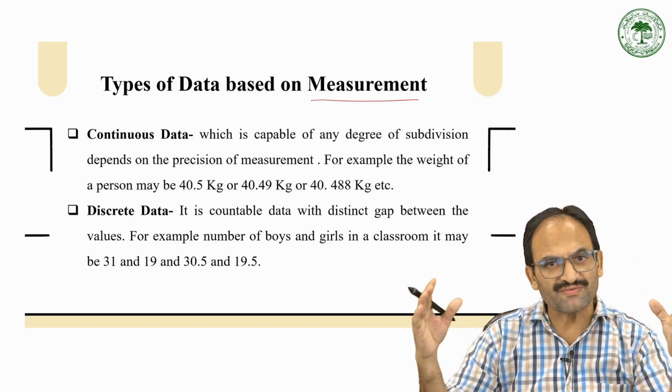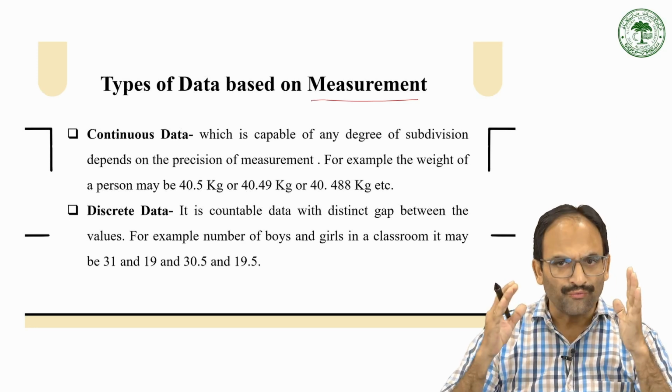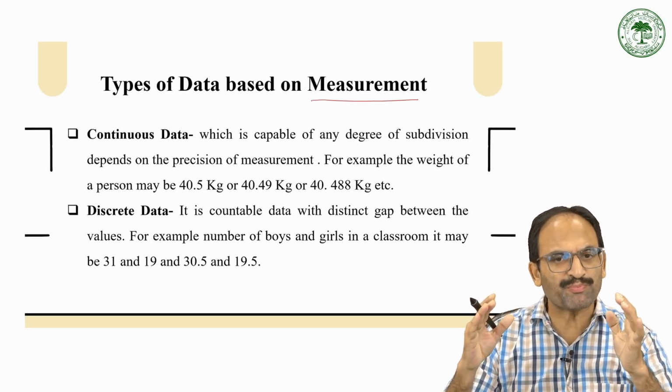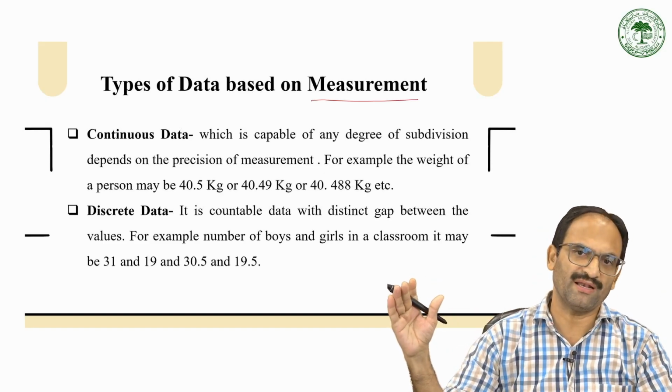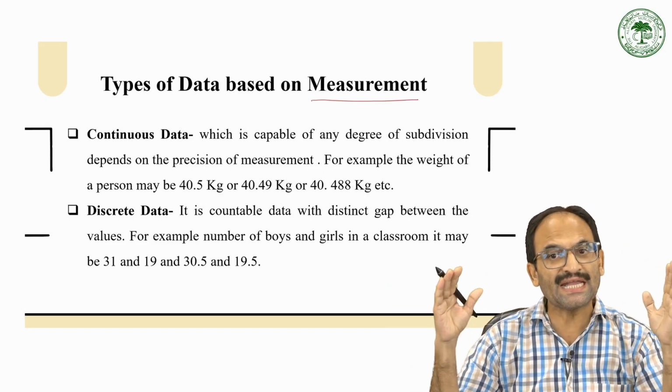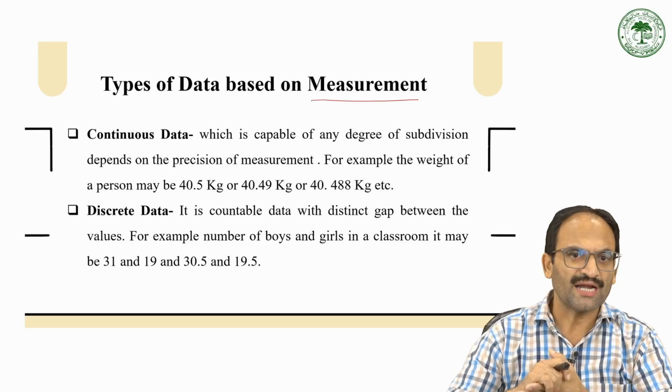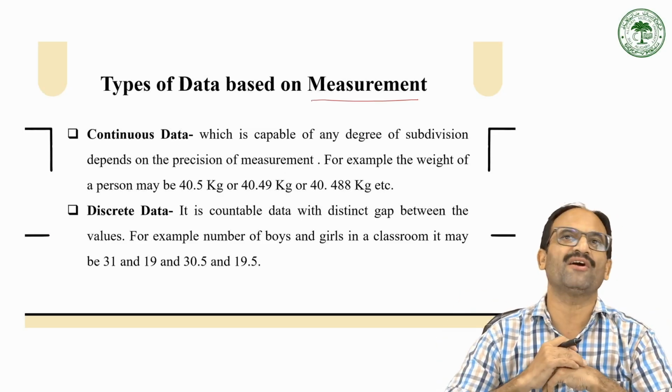So what is continuous data? It is data which we can express up to so many places of decimal, which is capable of any degree of subdivision depending on the precision of measurement.